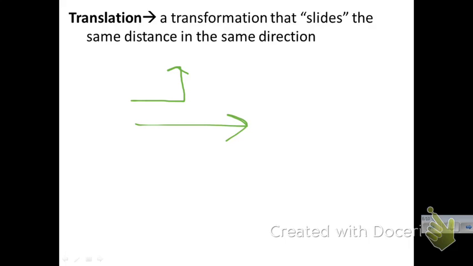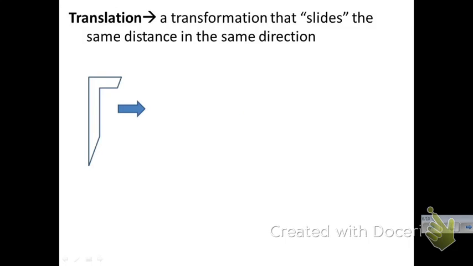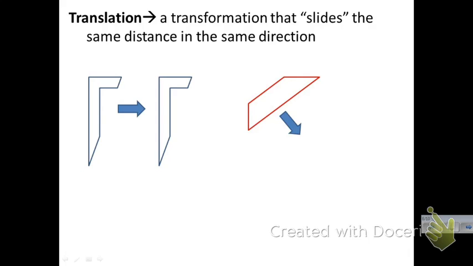We can slide back. There's lots of directions that we can slide. Here it's going to slide in that direction, so it gives us the exact same orientation, shape, and size. Here it would be sliding down and over to give us the shape here. So it went down and over.